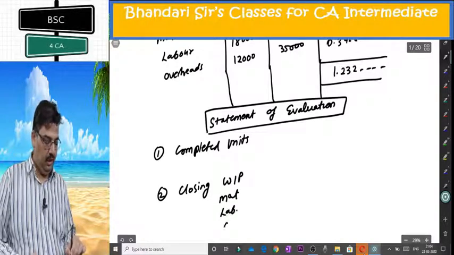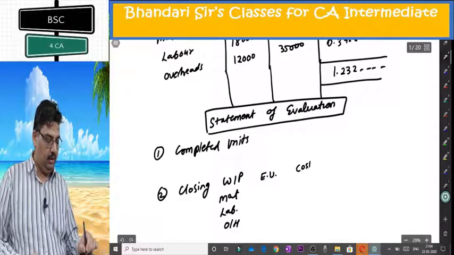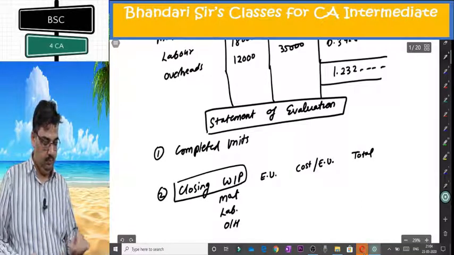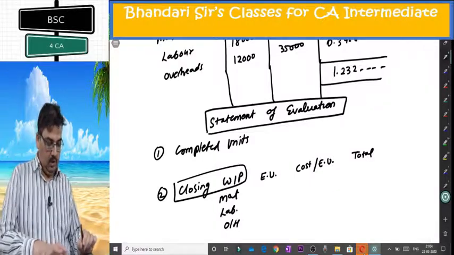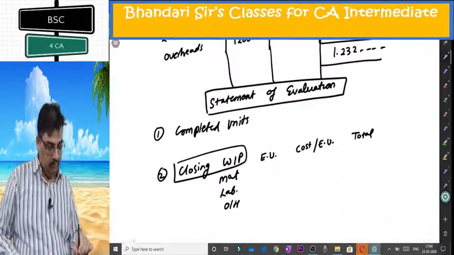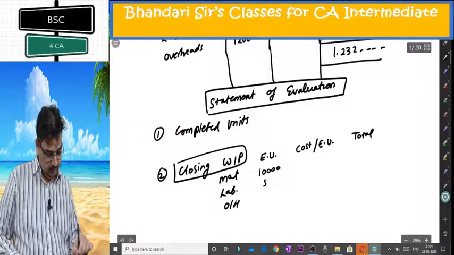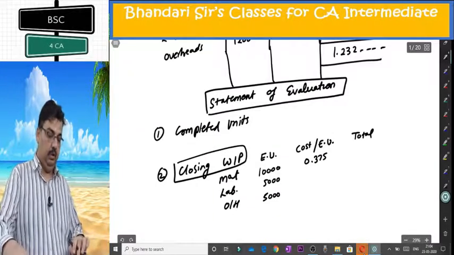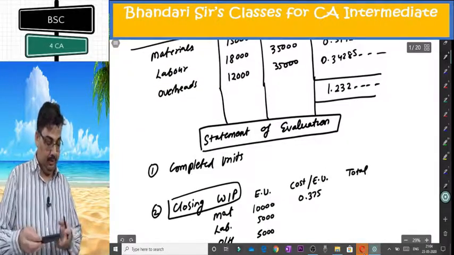Separately for material, labor, overheads, equivalent units, cost per equivalent unit and total. Now equivalent units for the first, 10,000, 5,000, 5,000. This is 0.375. Next ones I will not like to approximate.